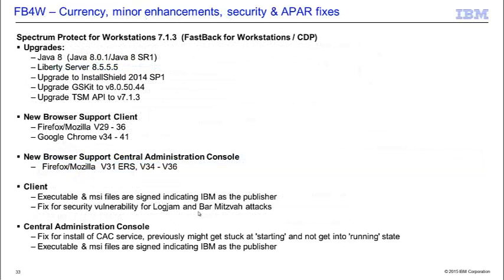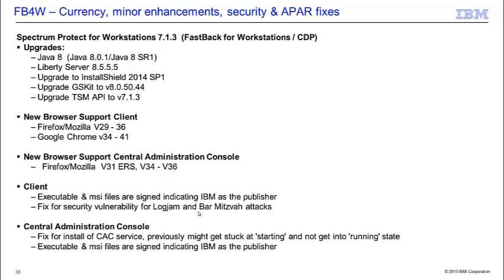Okay, so what I just talked about were the new features and enhancements in the Spectrum Protect server, client, and Operations Center. This last slide talks about Spectrum Protect for workstations, which you might know as either Fastback for workstations or as CDP.